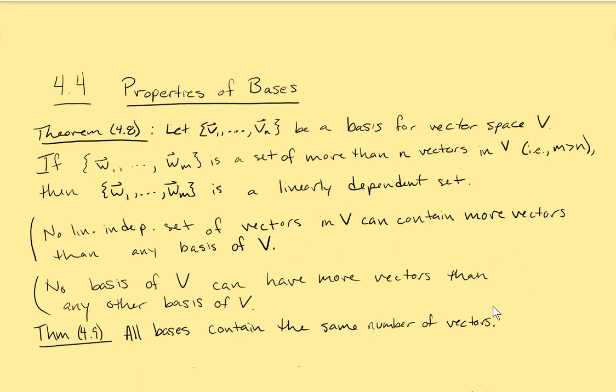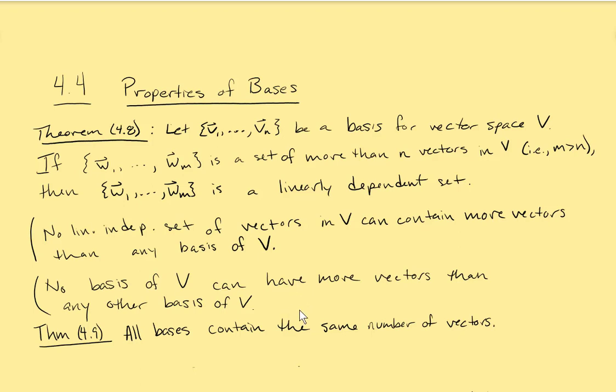An immediate result of this fact is that it applies so long as we have a linearly independent set of vectors. But a basis is a linearly independent set of vectors. So if we replace the statement, linearly independent set of vectors, with a basis, the statement's still true. So we can also say that no basis of V can have more vectors than any other basis of V.